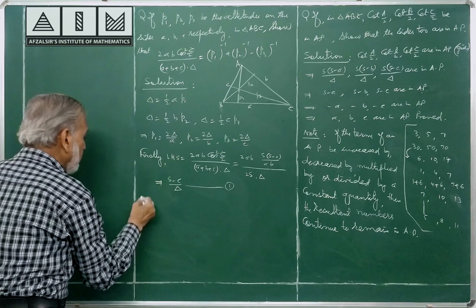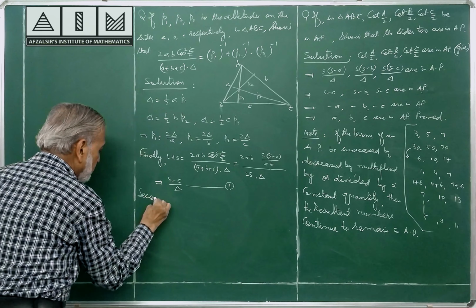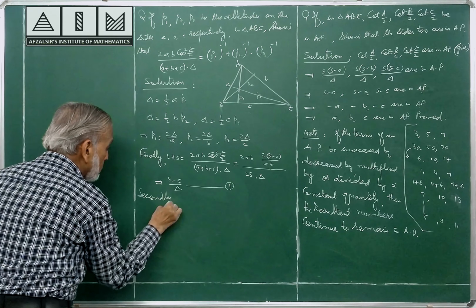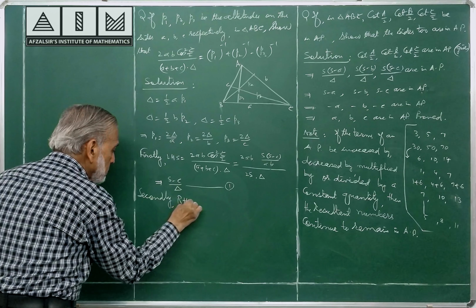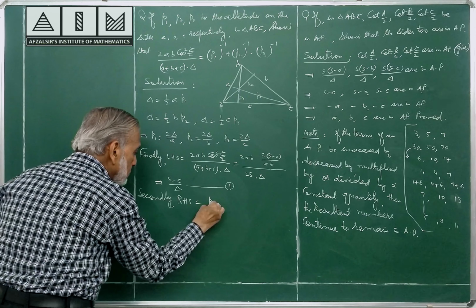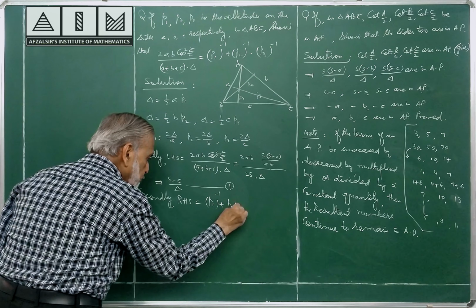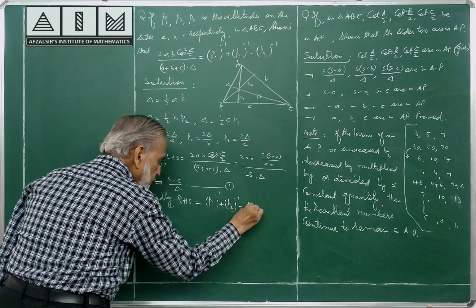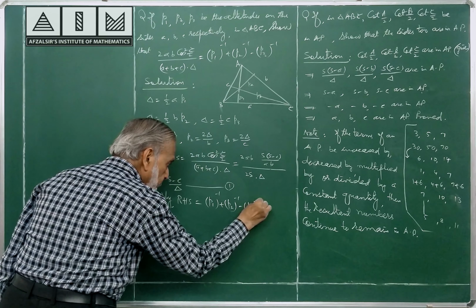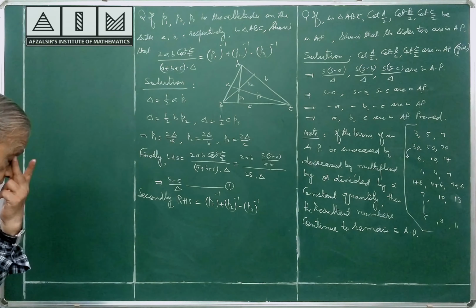I am going for secondly the right hand side. P1 power minus 1, P2 power minus 1, minus P3 power minus 1. Right hand side.